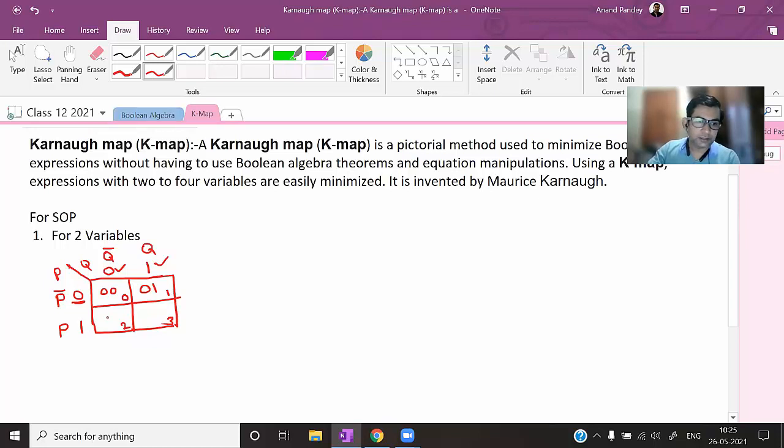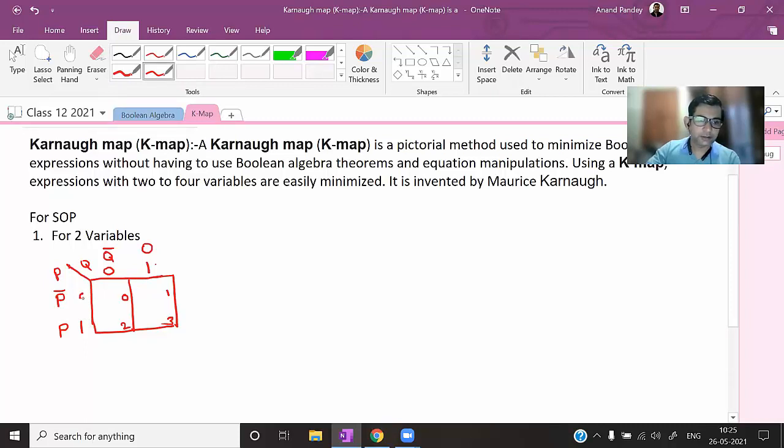In this box, 1, 0 is the binary code of what? 2. And finally 1, 1 is the binary code of what? 3. So this way I'm filling this: 0, 1, 2 and 3.